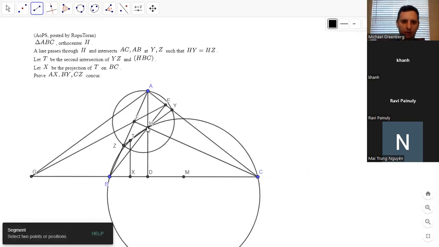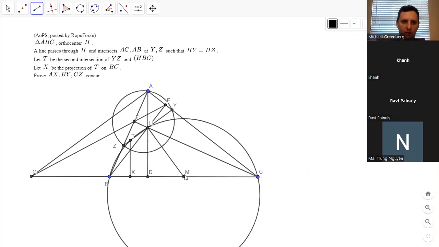Okay. Yeah, it is nice. Because yeah, BFEC is cyclic. And so by the butterfly theorem, if those concur, yeah, that is nice.